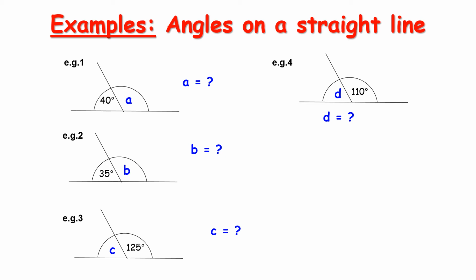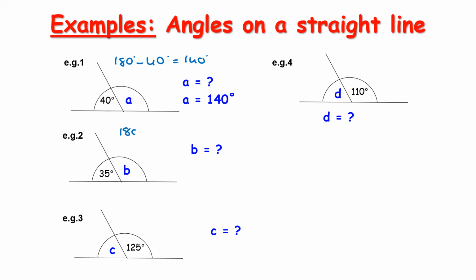First example, 40 degrees plus this angle A, and we'll know that that adds to 180. So 180 minus 40, and that gives me 140 degrees. So how we calculated that was 180 degrees minus 40 degrees equals 140. Example 2.